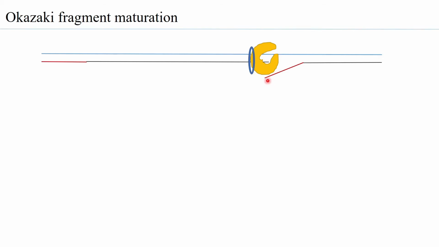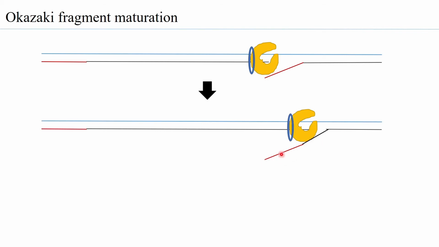Now, sometimes DNA polymerase delta, instead of forming a very short flap, can result in forming a longer flap. This is also something that has been observed. When a longer flap has been formed, especially in the yeast system, another protein called DNA2, which is a 5' endonuclease, trims the flap.